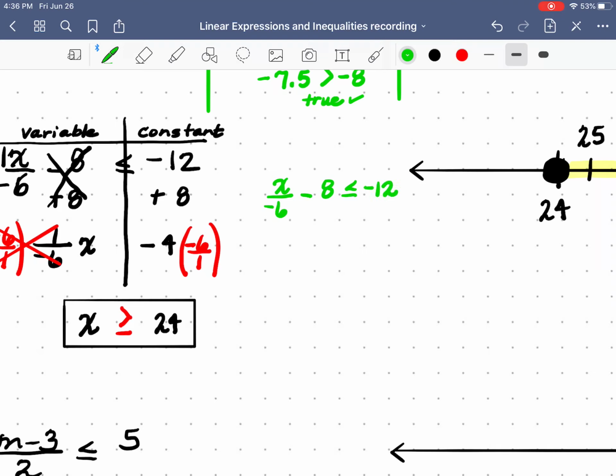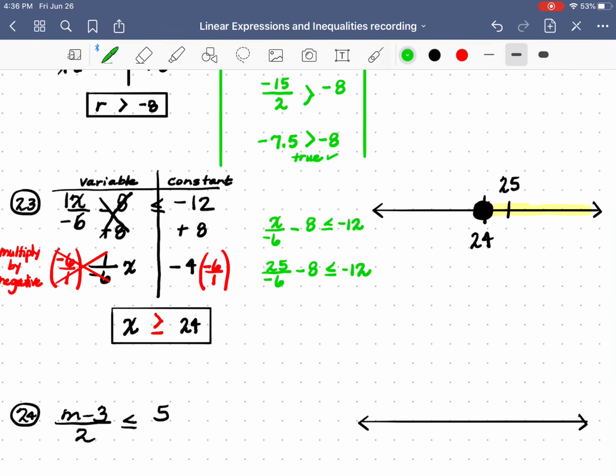So 25 goes in for x, divided by negative 6, minus 8, is less than or equal to negative 12. All I did is plug in the 25 as my test solution.